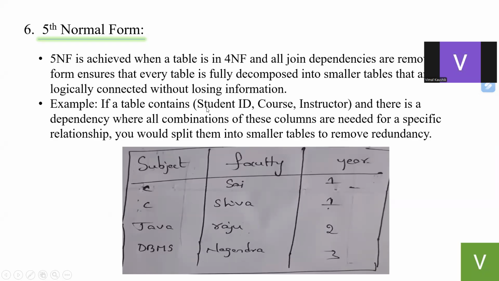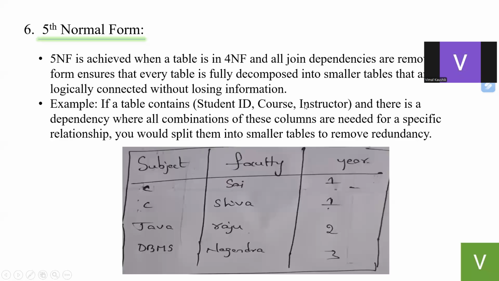So we have a table with student ID, course and instructor. To convert this into the fifth normal form, we divide it into smaller tables. The first table consists of student ID and course. Second table consists of course and instructor. And the third table consists of student ID as well as instructor.